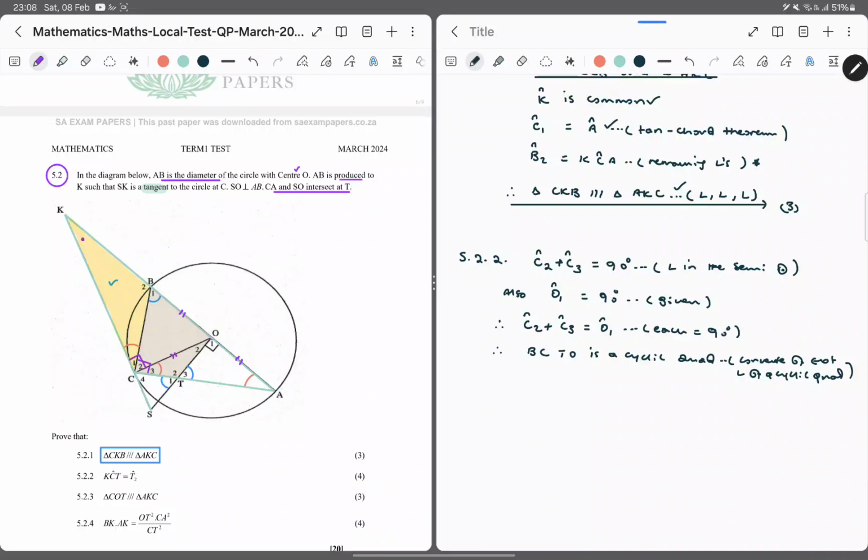We will say, then we know that, by the way, angle T, okay, maybe let's say B2 is equal to angle T2.